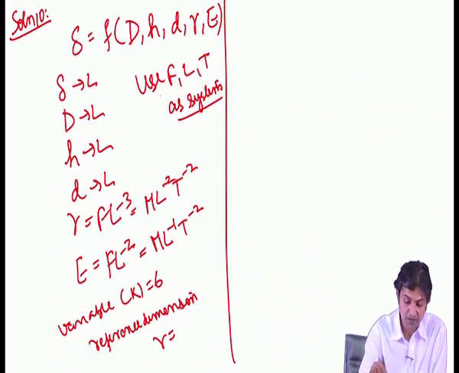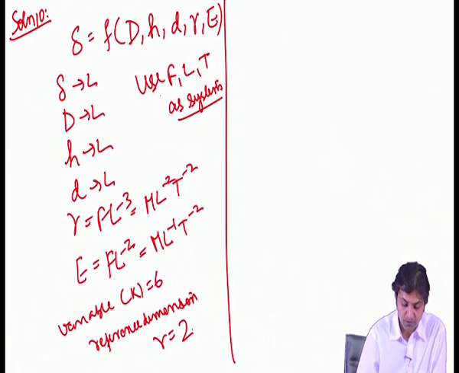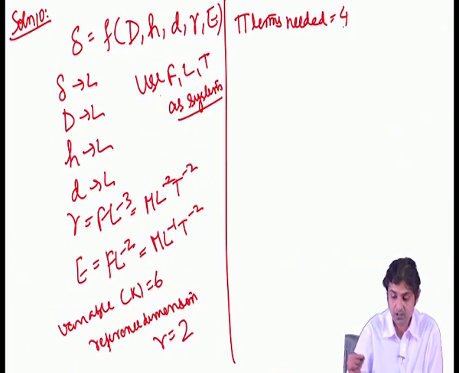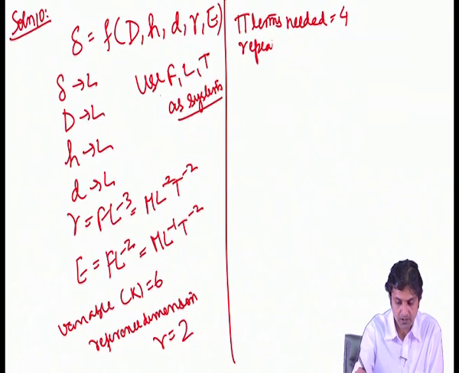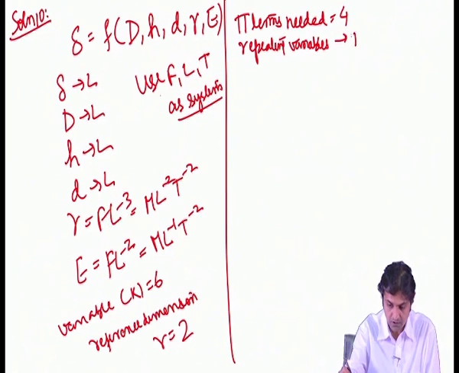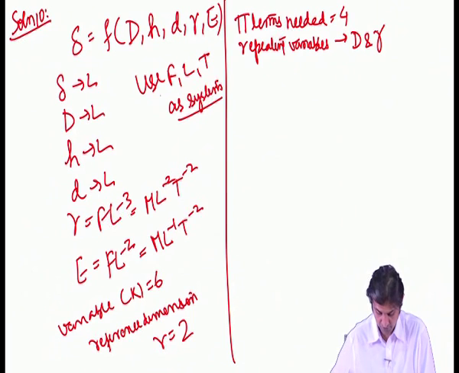You see, in the FLT system it has only F and L, right? So that means 2. So number of pi terms is equal to 4. Okay, since there are only 2 reference dimensions, repeating variables, let us choose D and gamma. Okay, one representing L and one representing both F and L.